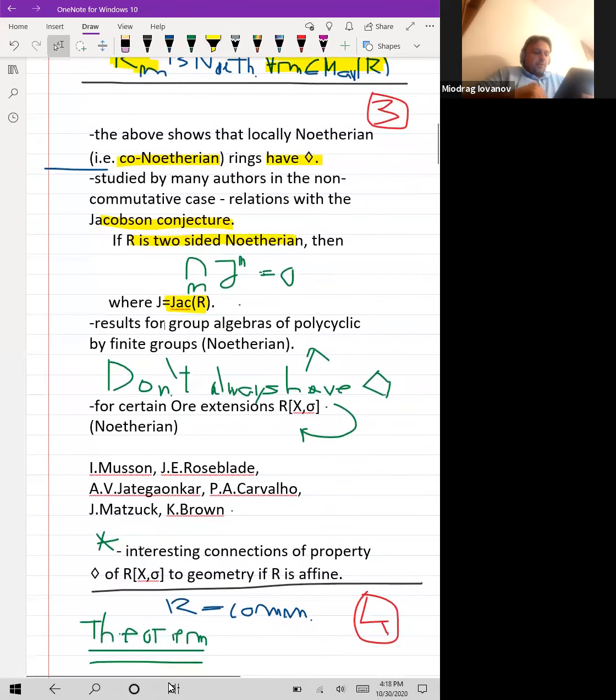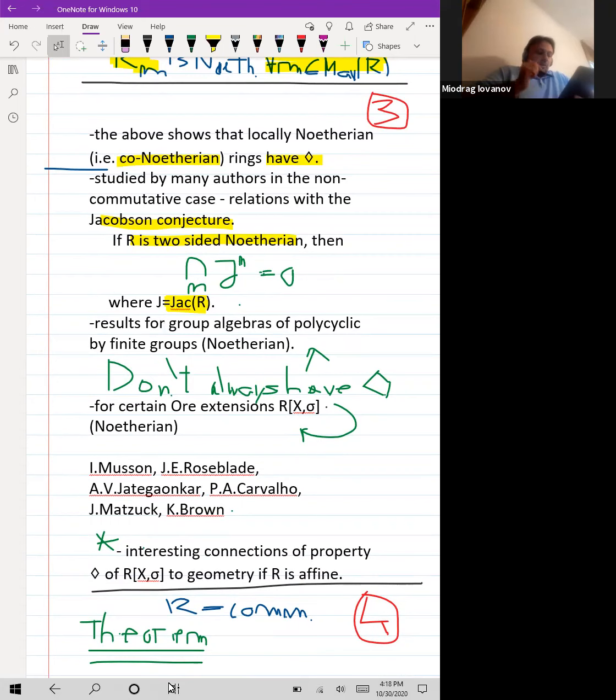So let me continue a little bit with this. Plenty of people have tried to look at this in the non-commutative world: Ian Musson, Roseblade, and as I said, Jategaonkar implicitly used similar techniques, and Paula Carvalho, Matczuk, Brown, and others.